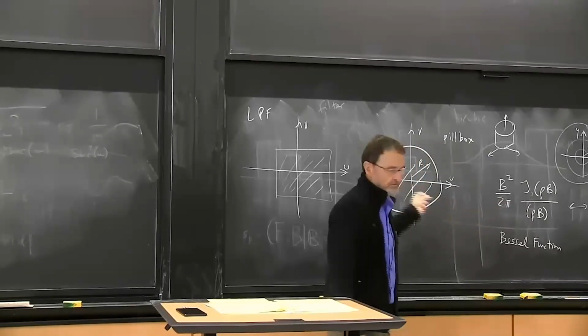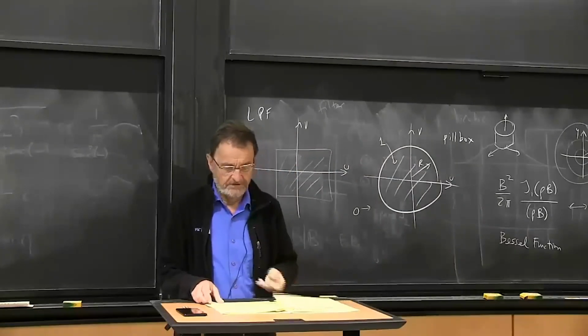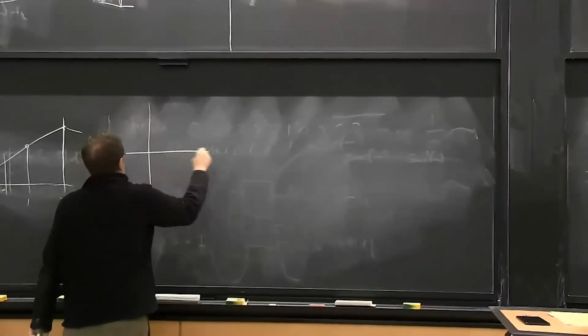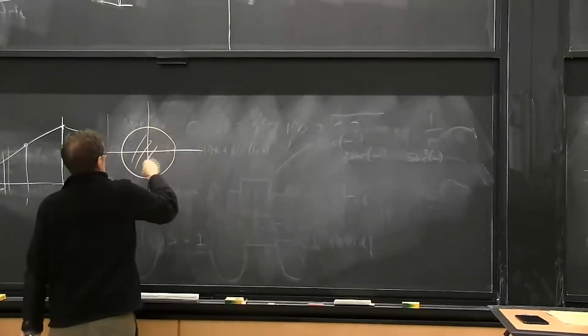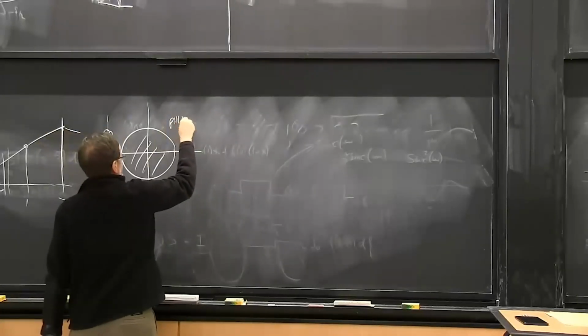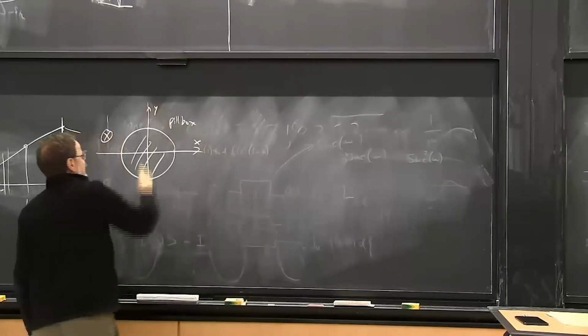Now, when we're talking about defocus, we were talking about pillboxes, basically. So let's do that. And now that's in the spatial domain, right? We said that if your image is out of focus, you're convolving with a pillbox in the spatial domain, right?